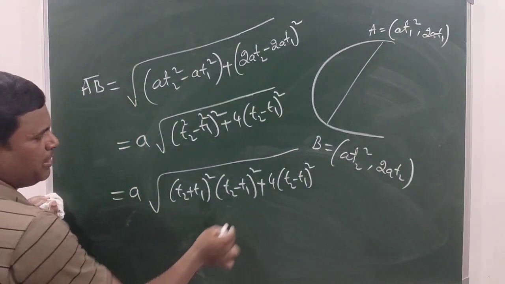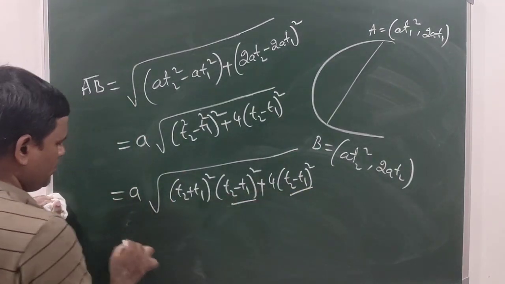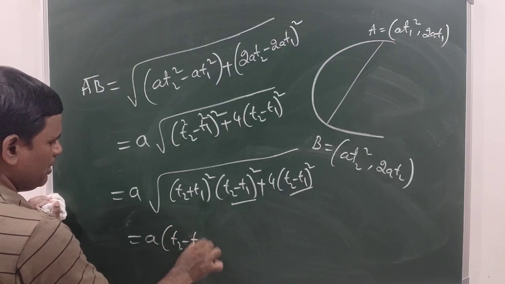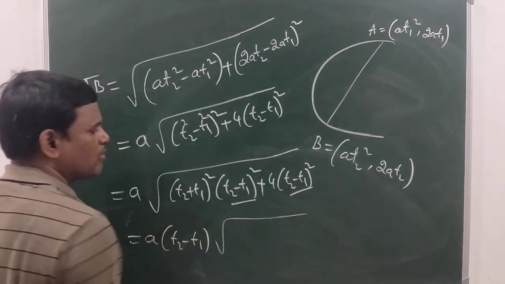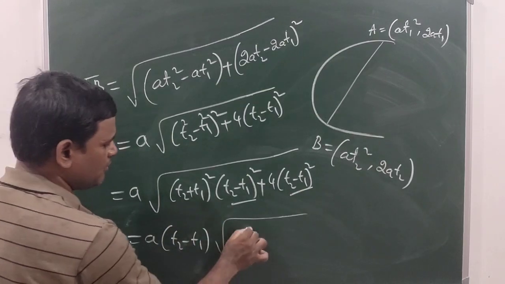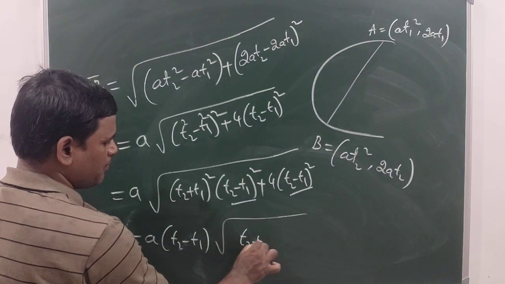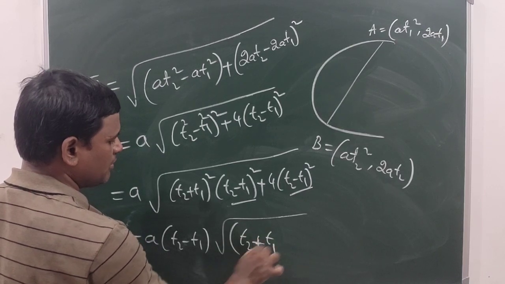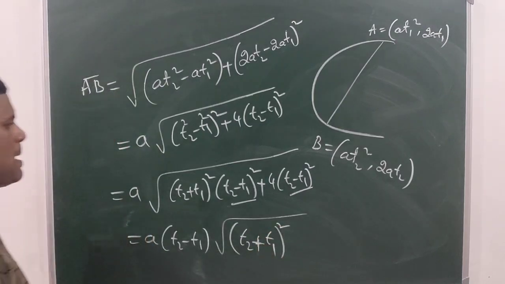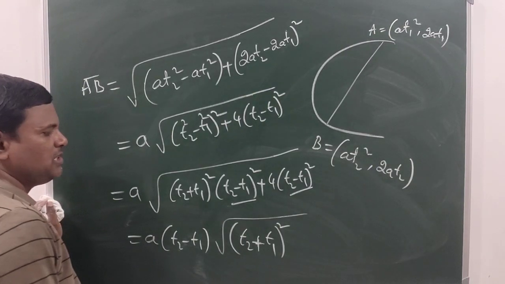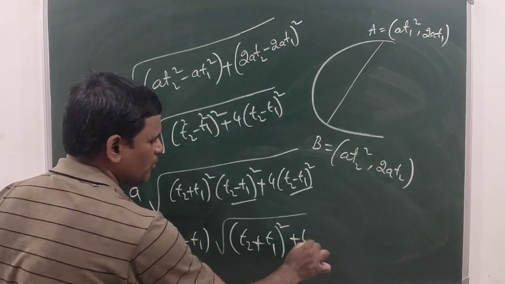So in the next step here, these two are like terms now. Take outside, which will come as a of (t2 minus t1) square root of, inside what is left? (t2 plus t1) whole square plus 4 units.